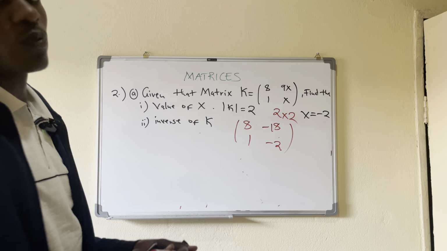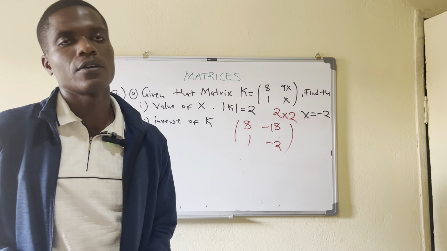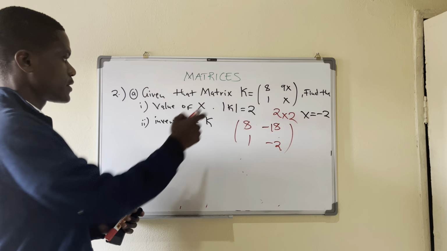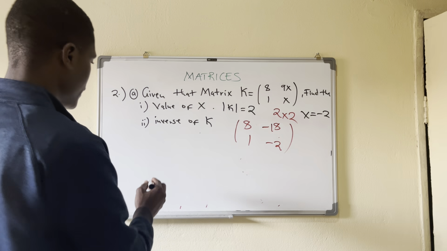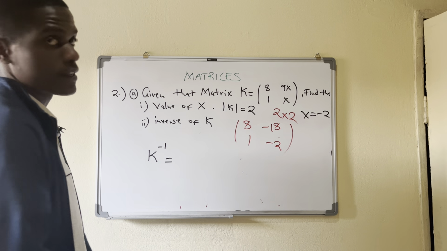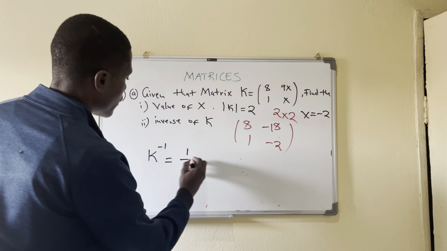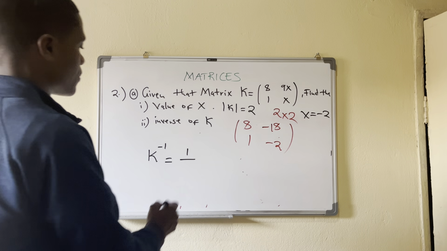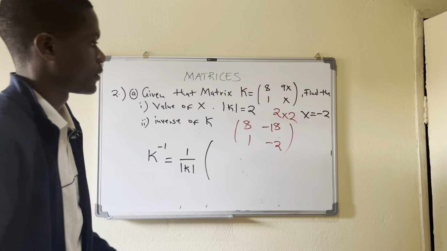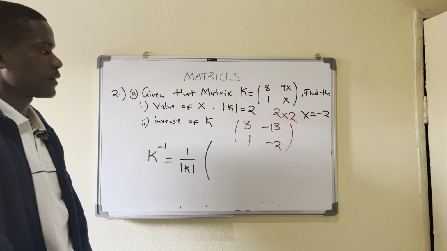Now, for us to find what we're calling the inverse of our matrix, the inverse is represented by K negative 1. This can be found as 1 over the determinant. Okay, and then you look at the matrix there.